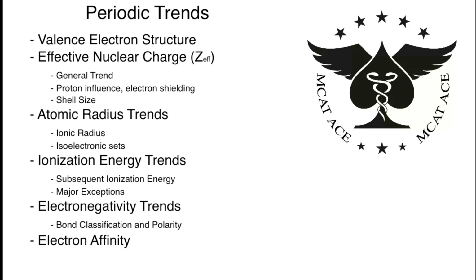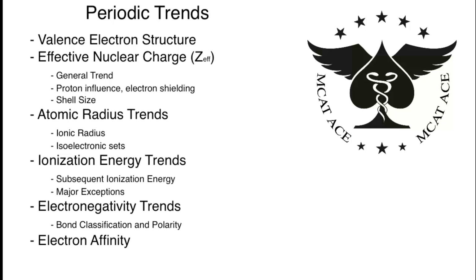So we're going to talk about what happens as we continuously attempt to pull more electrons away from a given compound. And then there are two major exceptions to the ionization energy trend. We'll take a look at those and briefly explain why they exist.